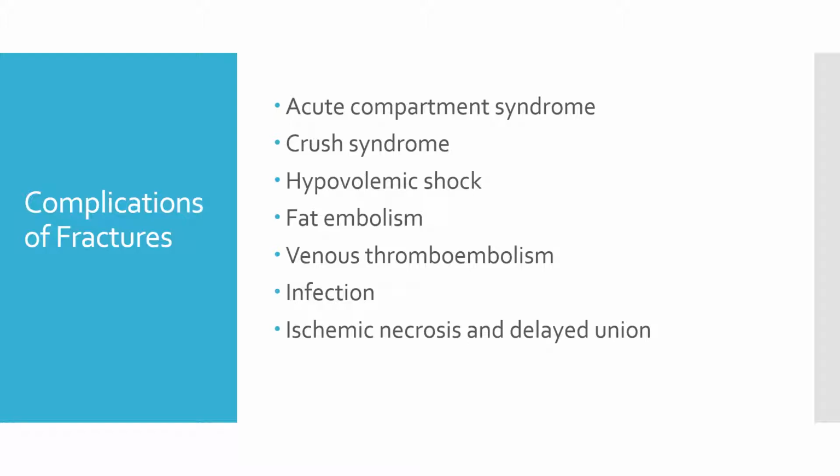And one of the biggest ways that we monitor for that is we do the 6 P's of the neurovascular assessment. Remember, the 6 P's is going to be pain, and with compartment syndrome, that may be one of the first things that you notice. They just keep on saying that they have severe pain, that the pain is continuously getting more intense.